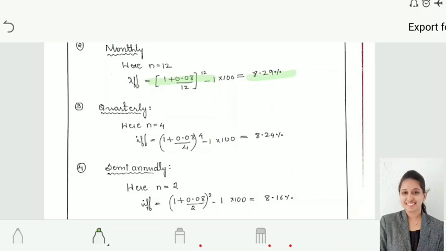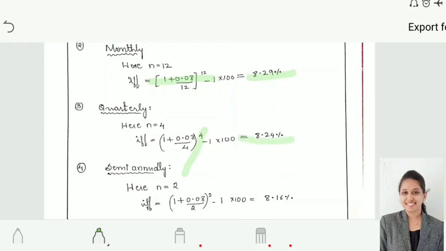Quarterly means what? 1 year has 12 months, right? So quarter means we can consider 4 months, right? It is divided 4 times by 3 months. 3 plus 3 plus 3 plus 3, that will be 12 months. So here I am considering the effective interest rate as 1 plus 0.08 by 4 raised to 4, minus 1.